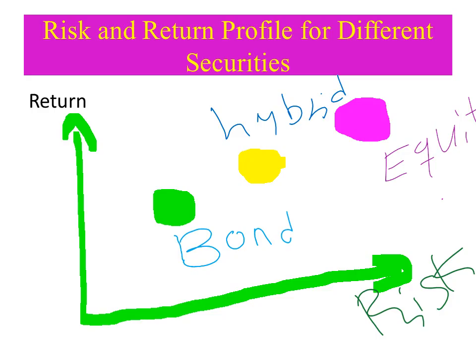Why does this happen? Why is bond low risk and why is equity high risk? Please write your answer under my YouTube comments: why bond is less risky and equity is high risk, and why high return comes from equity and low return comes from bond.